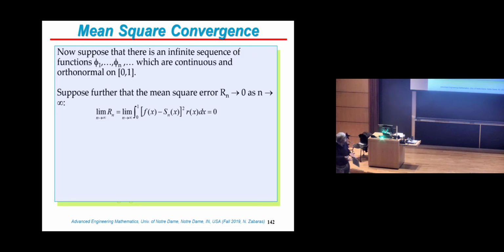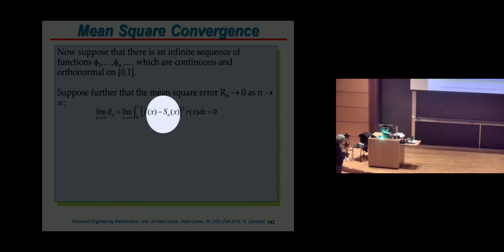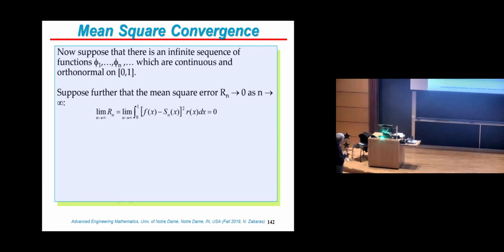You want to minimize some error. If you approximate the function with a summation of basis functions, the best approximation you can get is the one based on these Fourier expansions. Okay? All right.